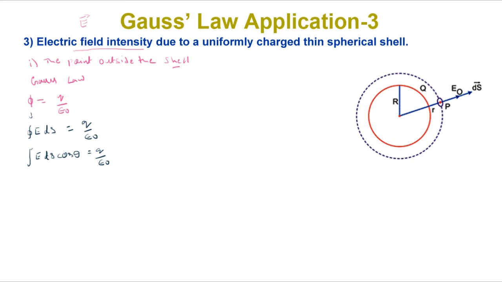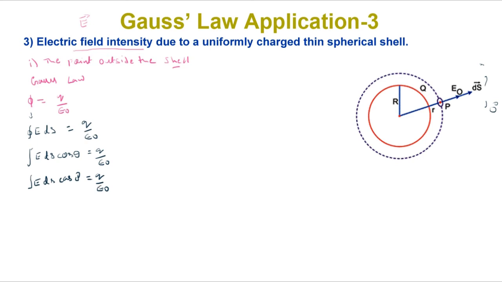Just observe that the considered area ds and the electric field at point P, both are in the same direction. So the angle between these two is 0 degrees. Clear? So substitute here: integration of E into ds cos 0 degrees is equal to Q by epsilon naught.